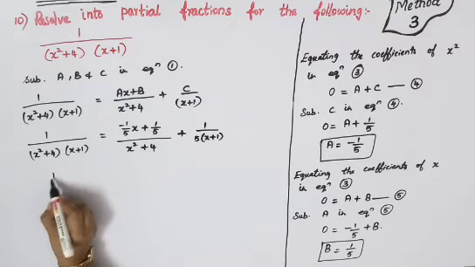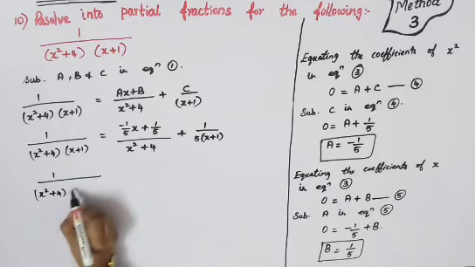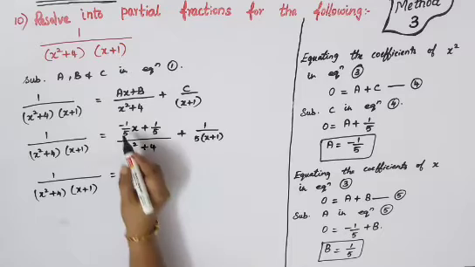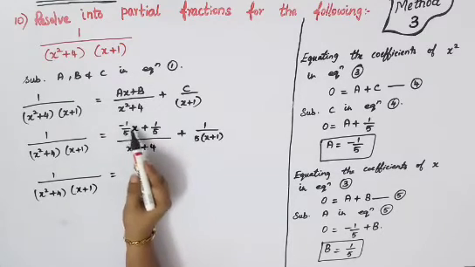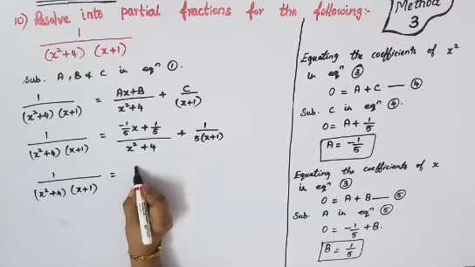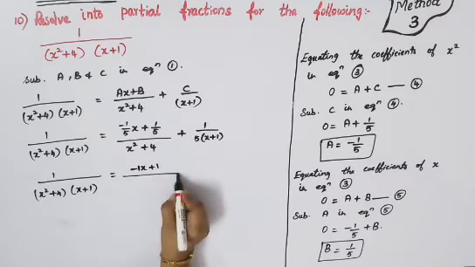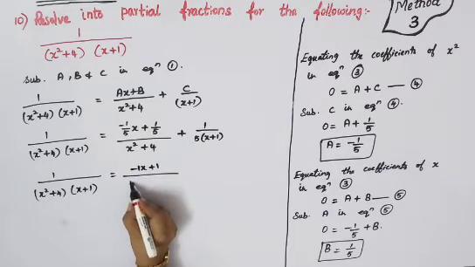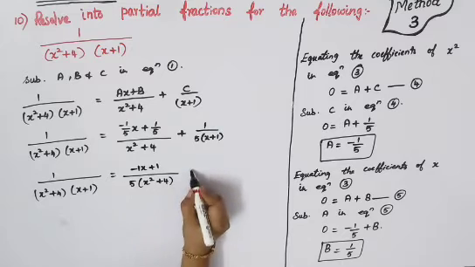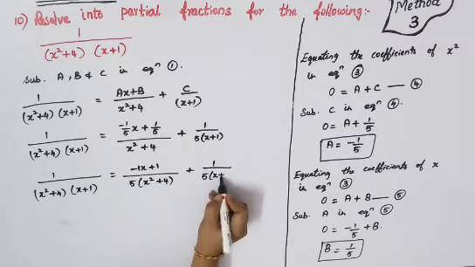So the next step of solving is, denominator as it is, your left hand side will be there as it is. This is minus 1x by 5, I've got it common. So I'll write it as minus 1x plus 1 divided by 5, you can take it as common, into x square plus 4, plus again 1 by 5 into x plus 1.